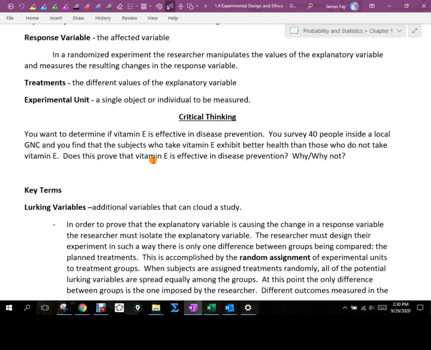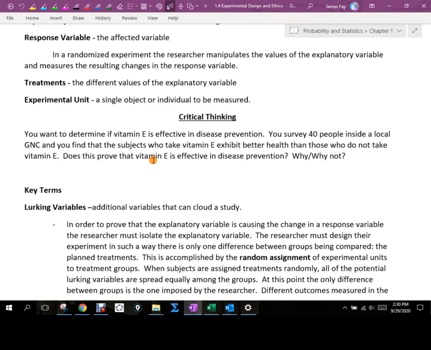A lot of those people are already taking other supplements and vitamins. So there's a lot of stuff there that could be the reason for their good health other than vitamin E, right? Does that make sense? Okay. So when we're doing these types of studies, we have to be able to observe those, recognize those, and then try to eliminate those types of variables, all right?